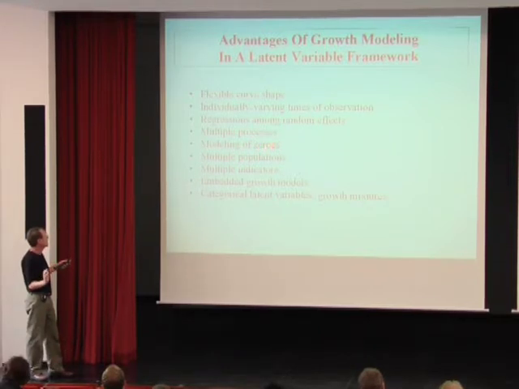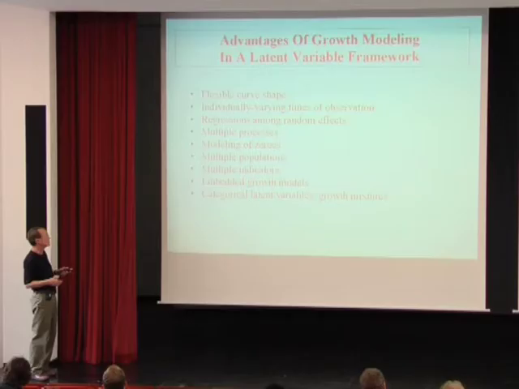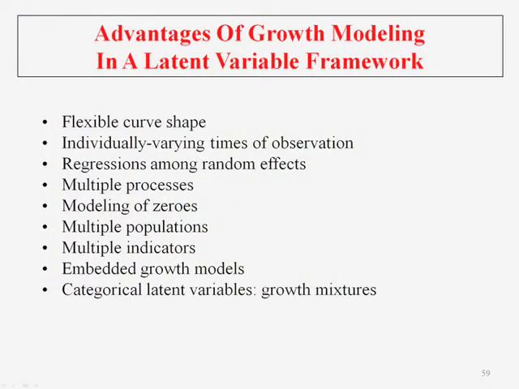The preponderance of zeros, a large group of individuals who haven't started with the behavior yet. You can easily deal with multiple populations, males, females, multiple cohorts, and multiple indicators of latent variables easily handled. And the growth model may only be one small part of a bigger model. So the growth model is embedded into a bigger model.